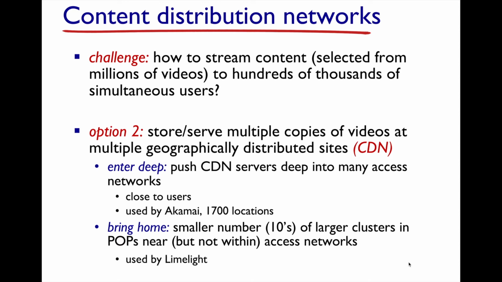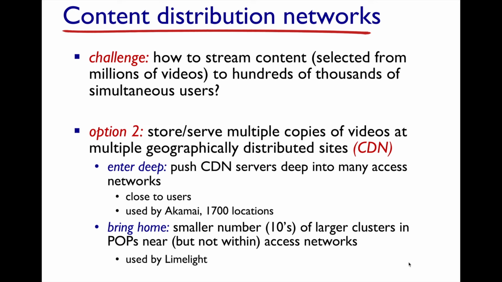Okay, the other one is called Bring Home. With the Bring Home approach to CDNs, you have a smaller number of locations, and you're using the points of presence to locate these CDN server instances. Recall we said a point of presence is part of this internet exchange where you have these global service providers, and when global service providers exchange data, they have a data center.